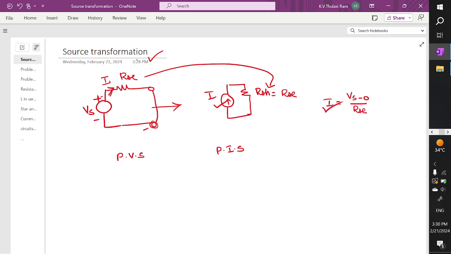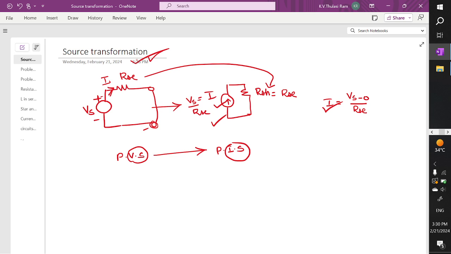So this is nothing but Vs minus 0 divided by the series resistance. There we have the current source. We are converting the voltage source into a current source, and this transformation is called source transformation.